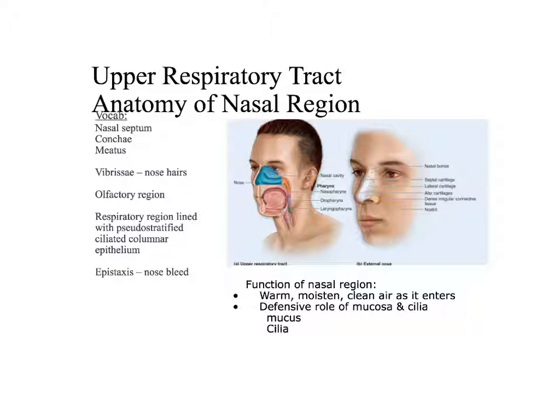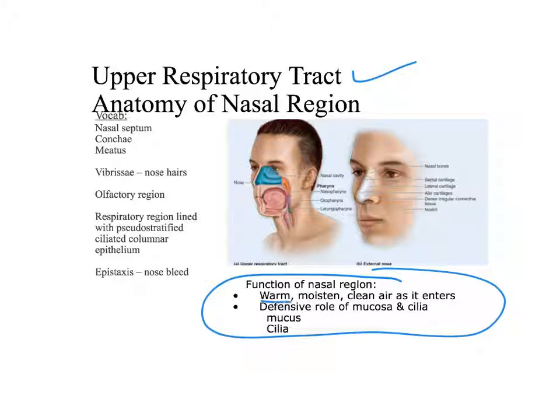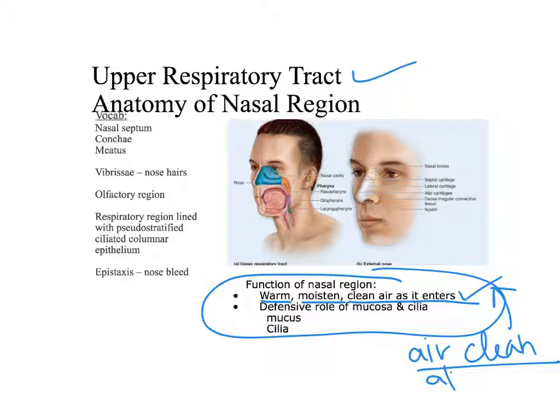Now, the upper respiratory tract. The function of the nose is to warm, moisten, and clean the air as it enters. If you think about it, we need the air to be super clean before it hits the alveoli, which is close to the blood. You don't want to put bacteria into your bloodstream, so you don't want it to get to the alveoli.